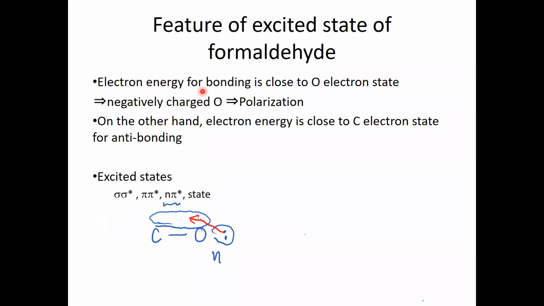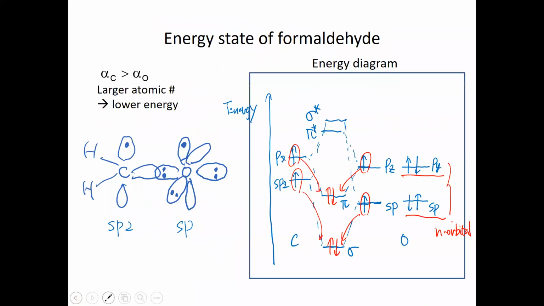So oxygen in the ground state is polarized, more negatively charged. Even for the pi bond and the sigma bond, the energy level is close to that of the oxygen side, compared with the orbitals on the carbon side.